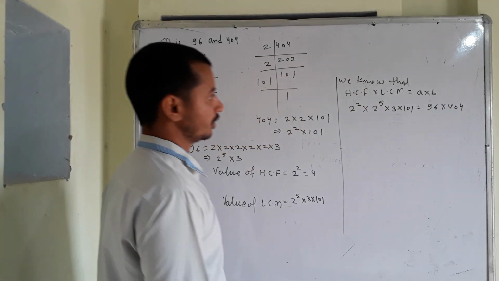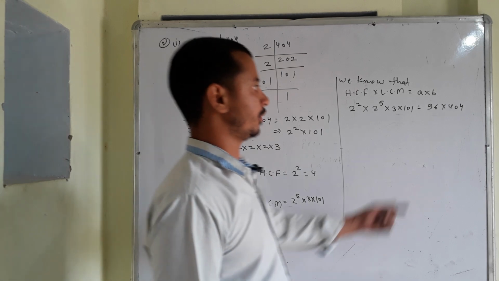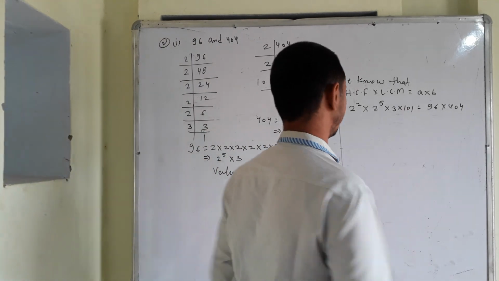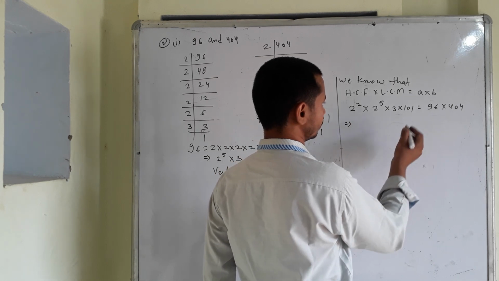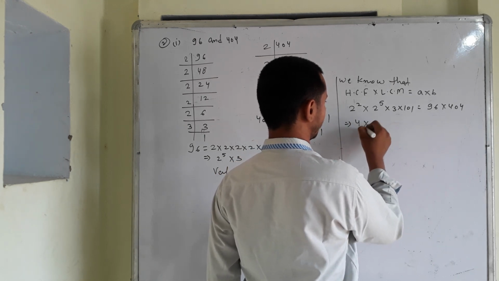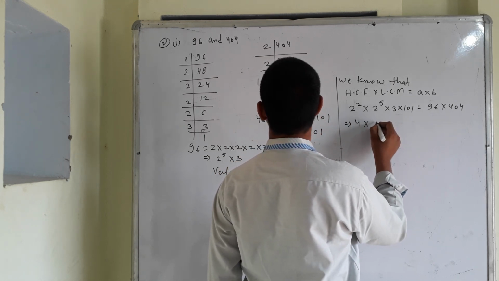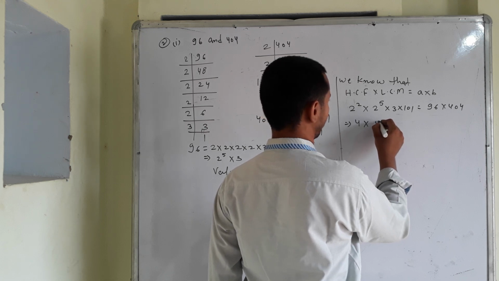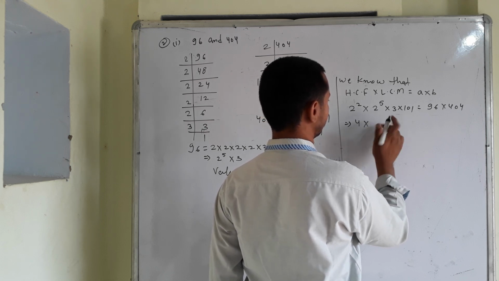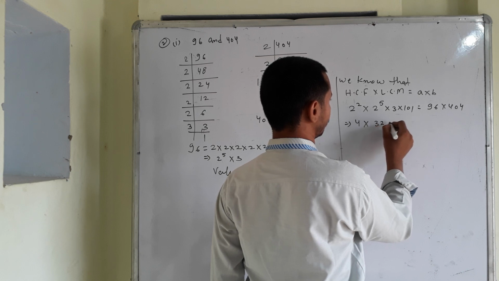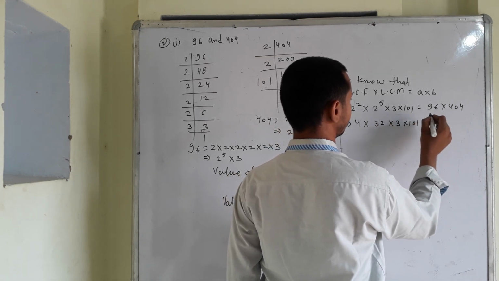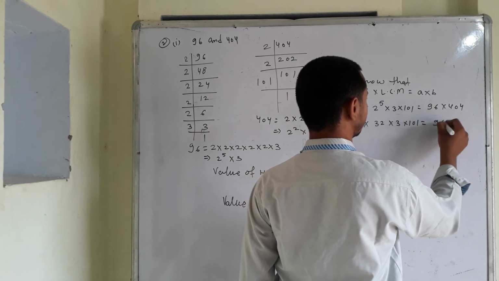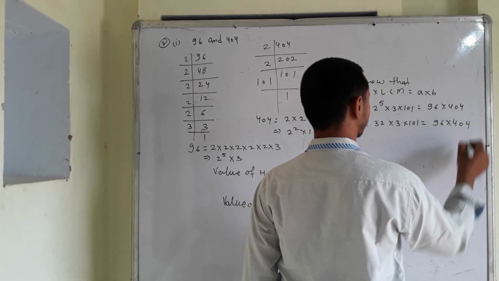Okay, you can also write in the form of powers. So we have 4 multiply 32 multiply 3 multiply 101 equal 96 multiply 404.